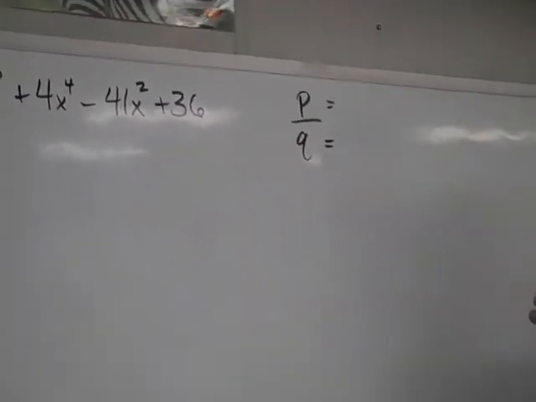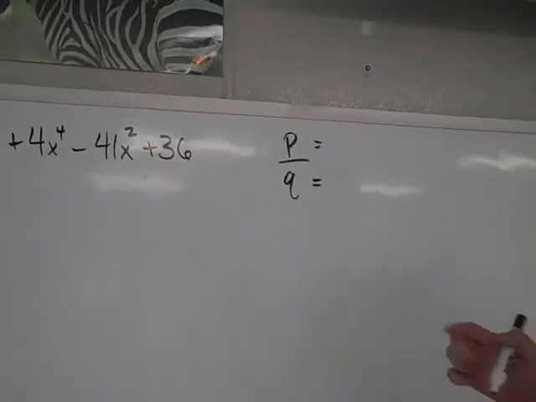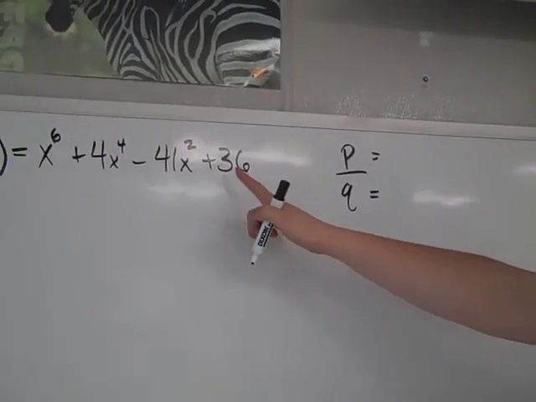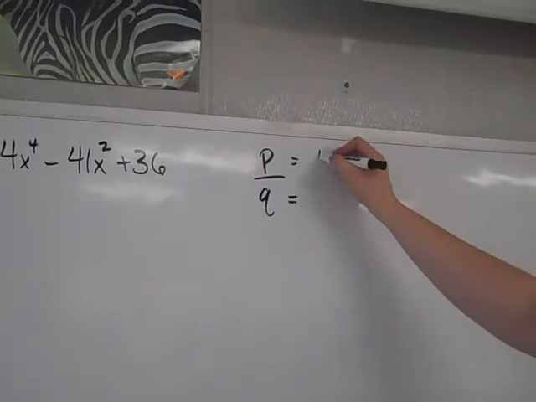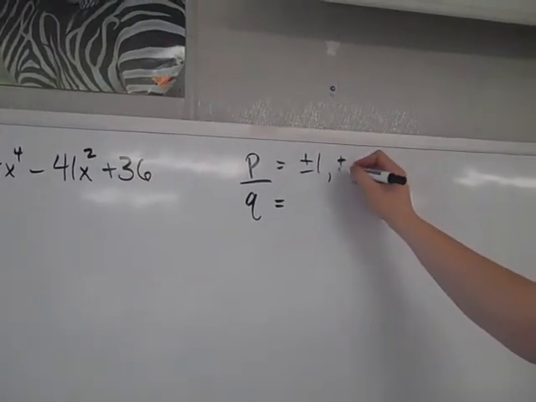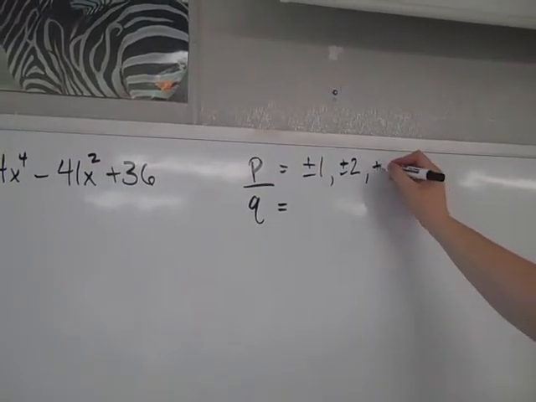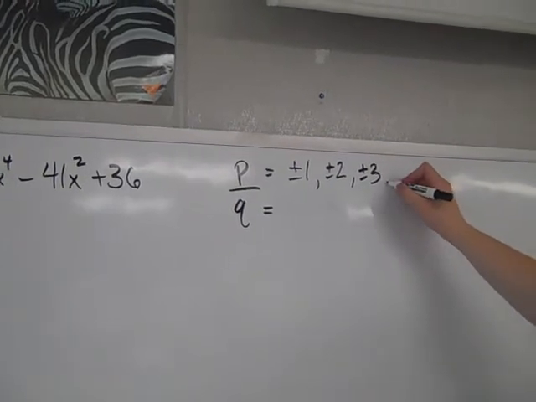Alright, so the first thing we're going to do is figure out what our p and our q is. If we look at our constant here, 36, the factors of this are going to be our p. So we're going to have, obviously, plus or minus 1, plus or minus 2, plus or minus 3. This is not looking good for us.